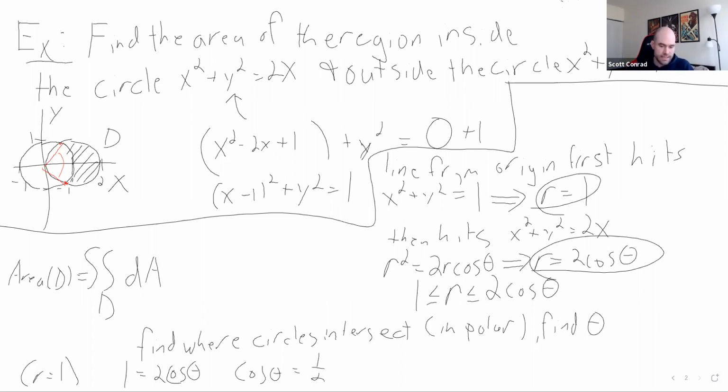Let's say where theta is negative. So cos of what is 1/2? Pi over 3 and also negative pi over 3.